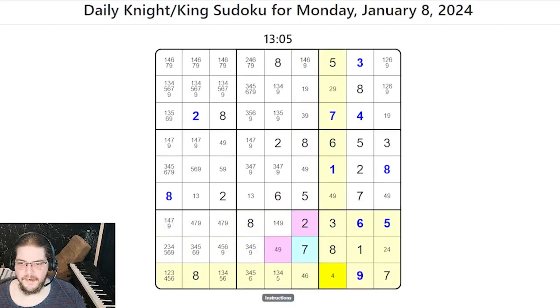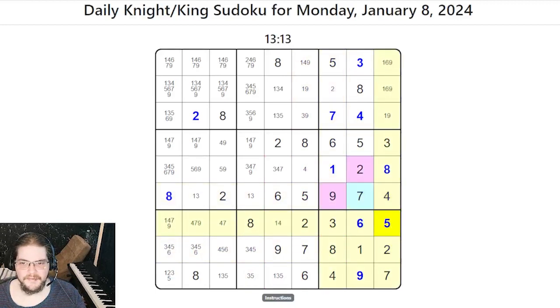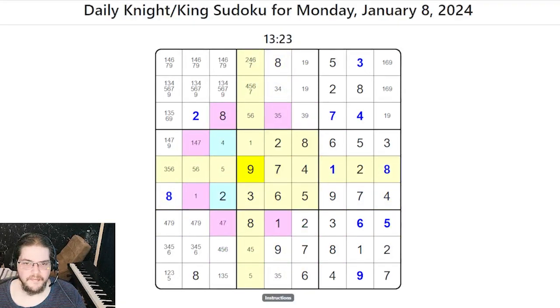That gives us a revealed 4, which lets us start wandering down the chain of filling out the singles as they're revealed. We have a 2 up here, a 1, that gives us this 3, that 7, this 9, and this 1, giving us a 5, a 3, and a 4 at the bottom.